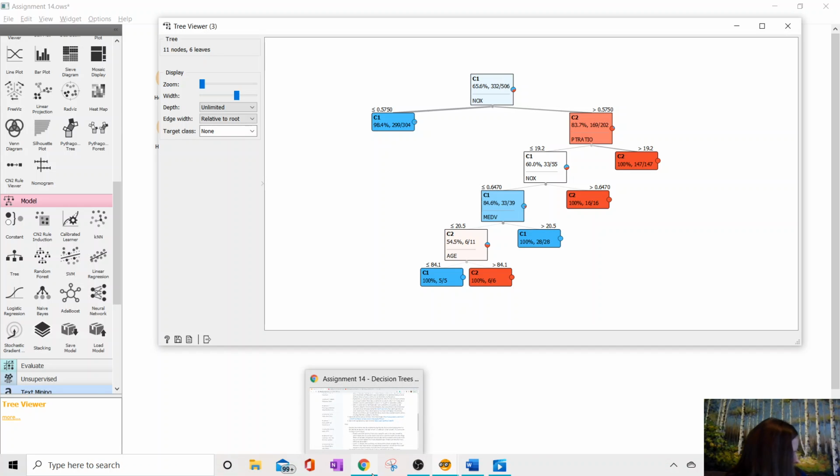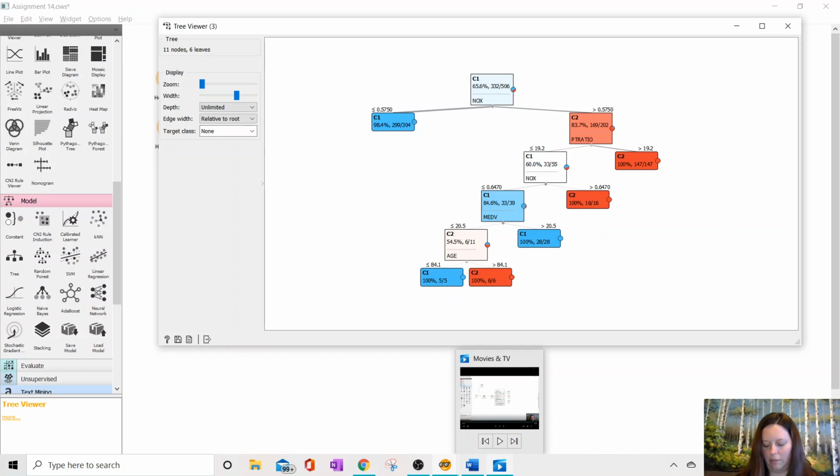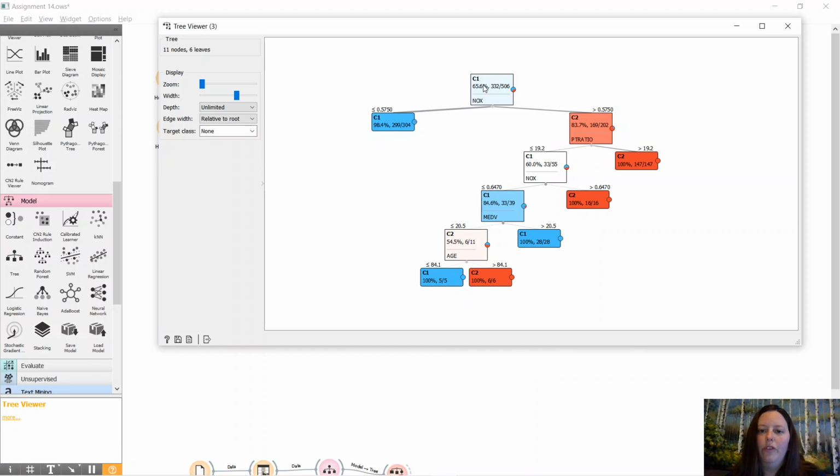MDV, let me see. I had that here on my phone because I had taken a picture of the chart before I started this video. And it says that the MDV stands for the median values of owner-occupied housing on that tract. So this is the median value. So we go from deciding if you are in C1 or C2 categories divided by the amount of pollution.